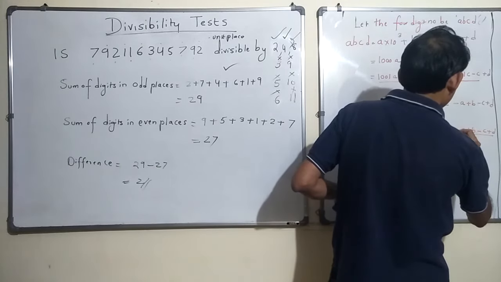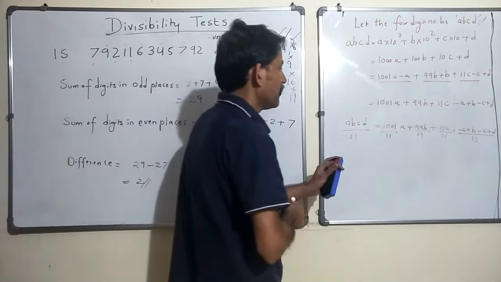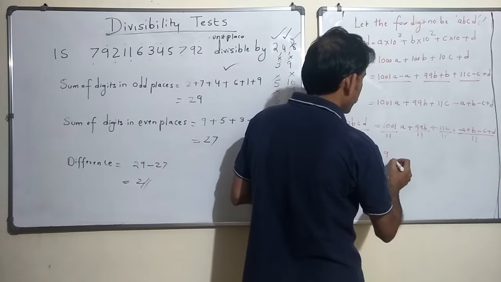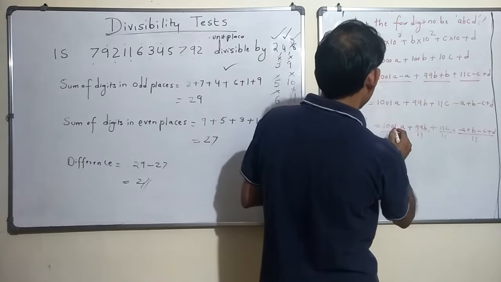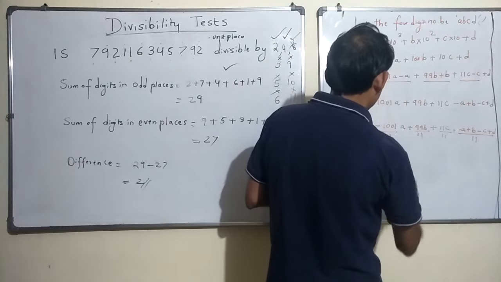So this is how it is going to look like. Now 1001 by 11 is 91. Is that right?